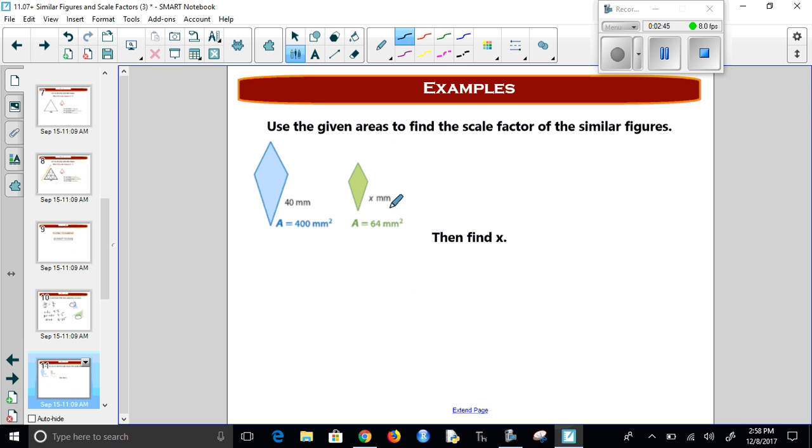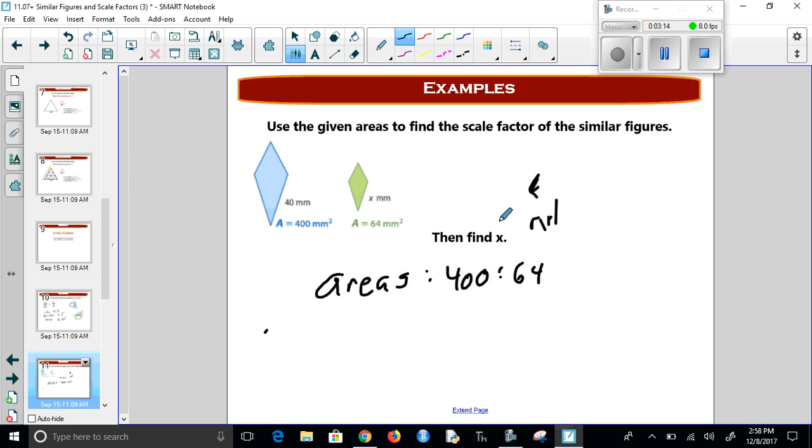Now, if we have the ratio of areas, let's try to find the side. So the area ratio, it's not letting me write. All right, we're back. So the scale factor for the areas is 400 to 64. Now think about, can we reduce anything here?